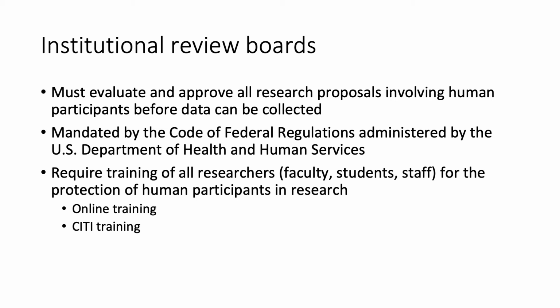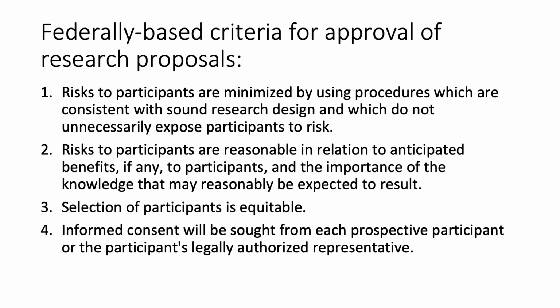By passing, you're demonstrating that you know what to do in certain situations involving human subjects during the research process. For your research proposal to be accepted, there's certain criteria established in the United States that the IRB has to follow for approval.